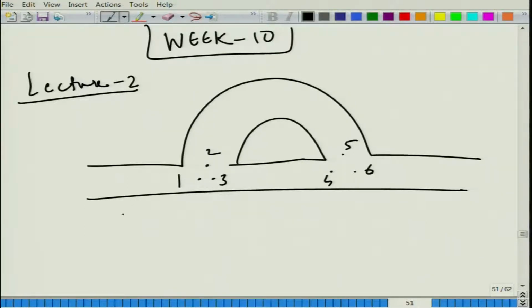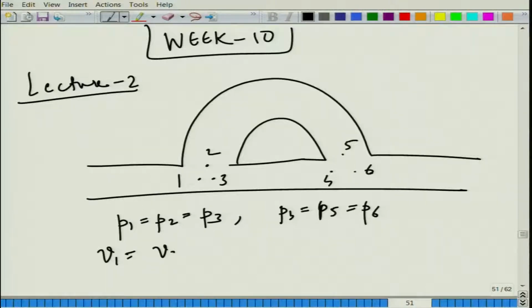So, we have P1, I am dropping the tilde sign deliberately, P4 equal to P5 equal to P6, and V1 equal to V2 plus V3, V4 equal to V5 plus V6. We already saw this in the last class.